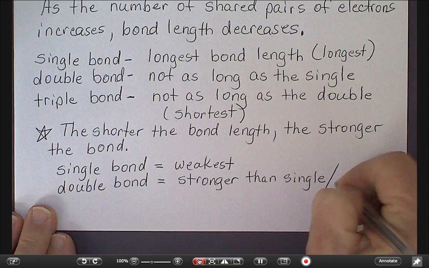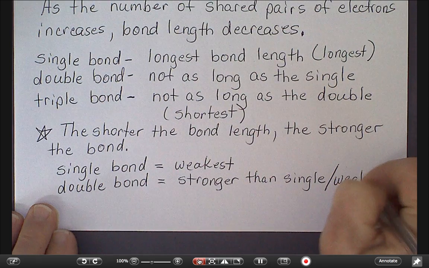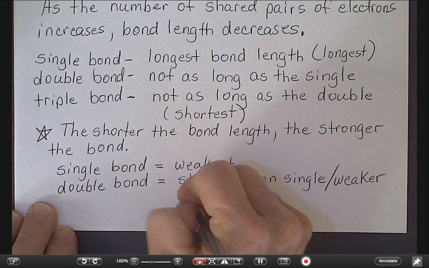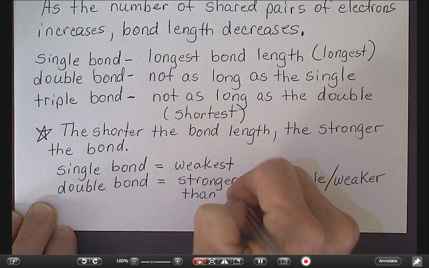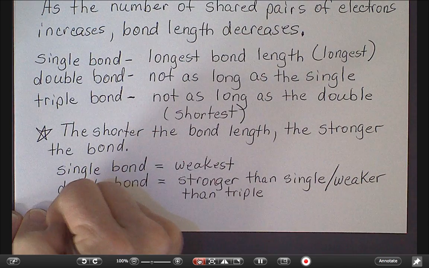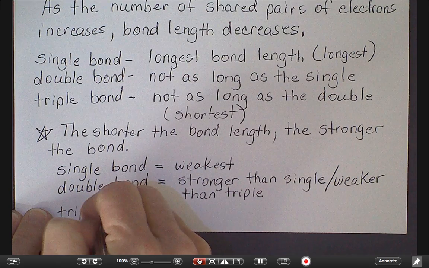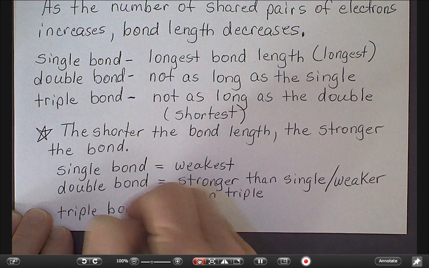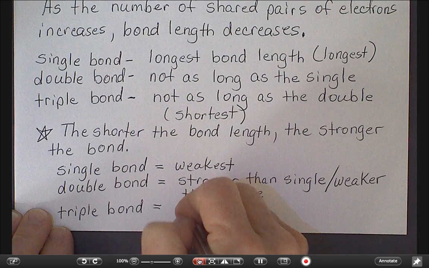But what? Weaker than triple. And then, of course, the triple equals the strongest bond.